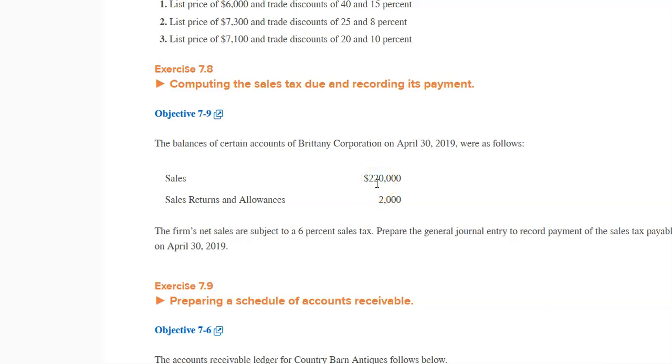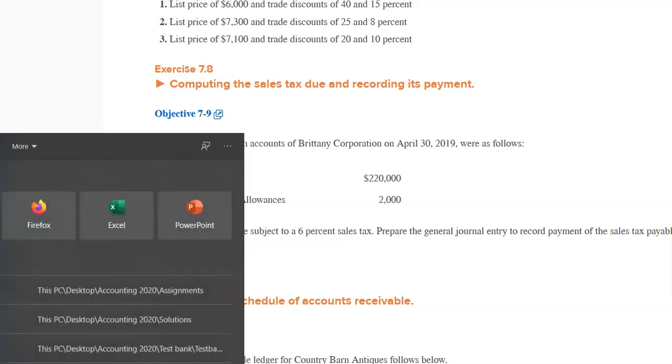Sales tax payable is all they want us to record. So we need to do the math. What's 6% of the firm's net sales? I've got a calculator right here.